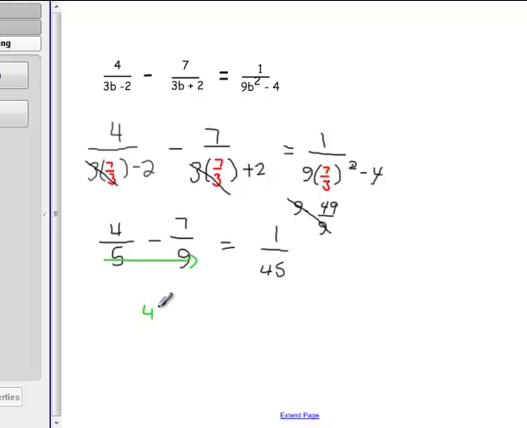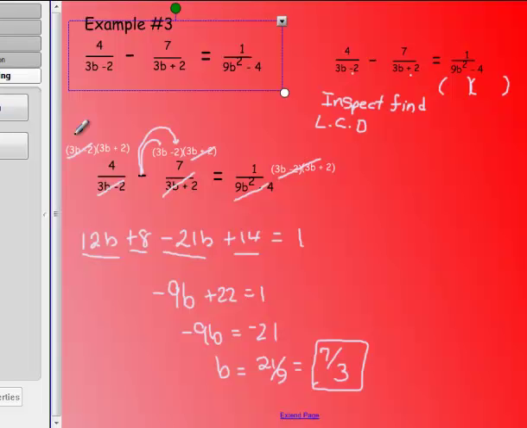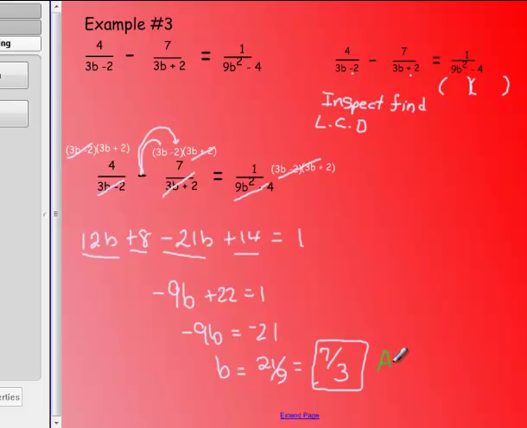That's 45. That's 36. That's 35. 36 minus 35 gets me 1 over 45 equals 1 over 45. Woohoo! So yes, boys and girls, our 7/3 was our final answer.